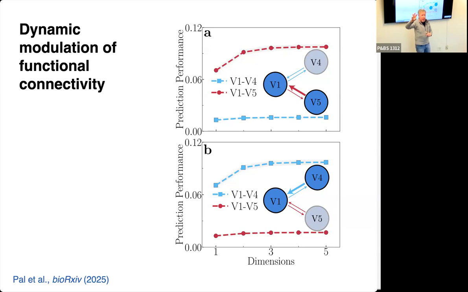All I'm going to do is increase the feedback gain on one of them or the other one. And what ends up happening is that the communication subspace shifts. If I boost the feedback gain from MT to V1, then there's strong communication from V1 to MT. V5 is a synonym. If you're in London, you call it V5. In the United States, you call it MT. But if I increase the feedback gain from V4 to V1, I increase that communication instead.